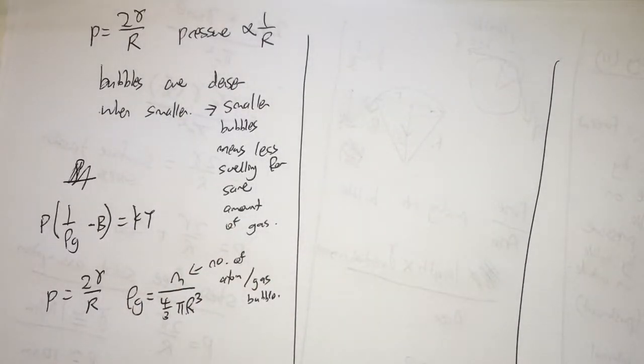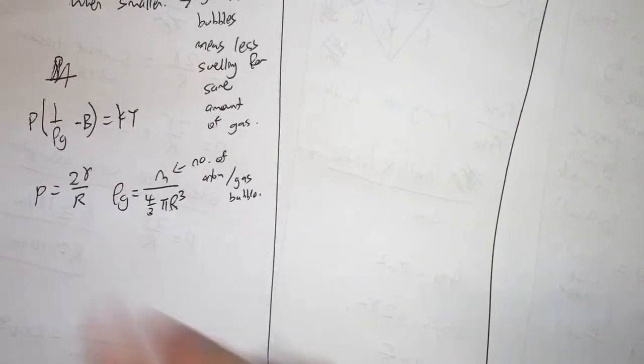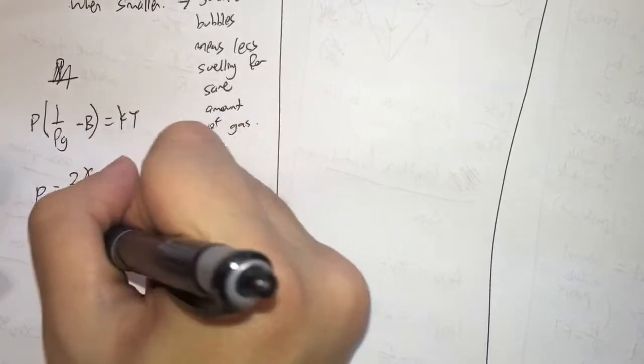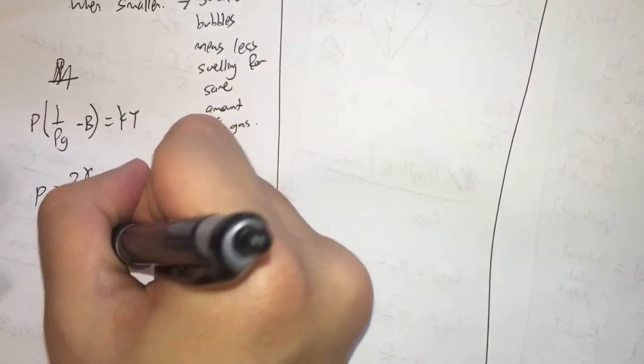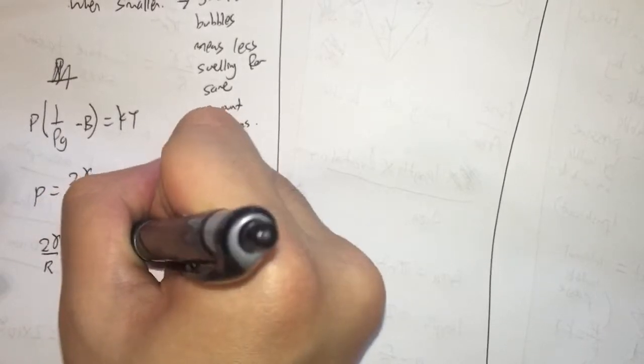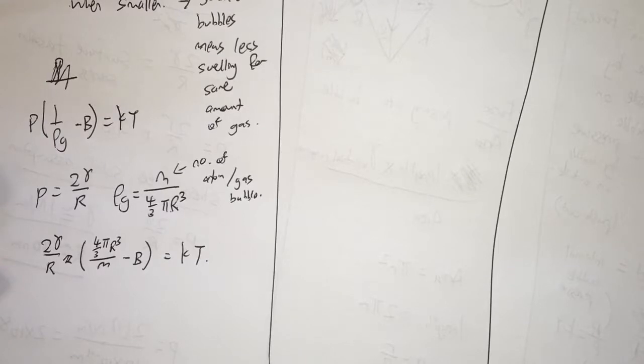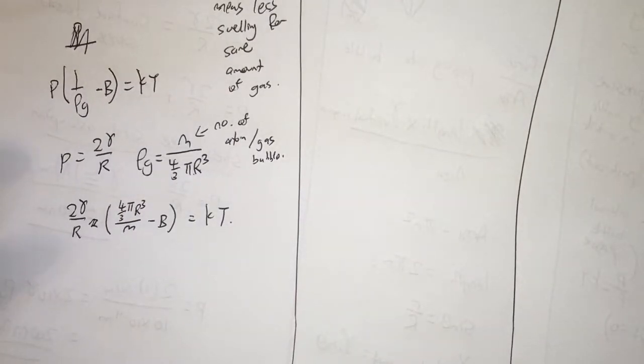Okay, so let's just substitute that in. 2 gamma over R equals this expression times... Or rather, let's get it a little more organized.